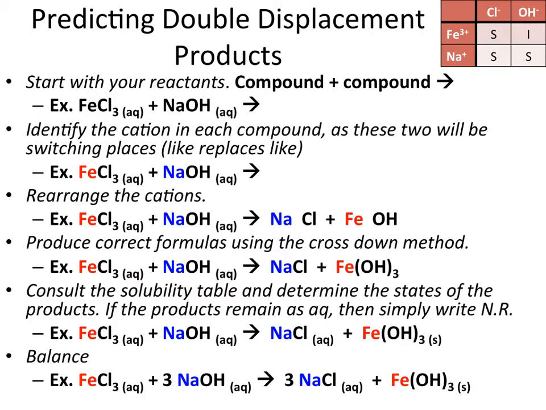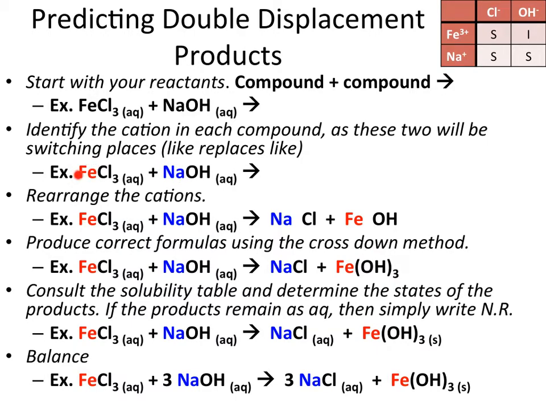So in this case I have my iron 3 chloride and my sodium hydroxide, both in their aqueous states. And the first thing I want to do is identify my cations that are going to switch. So here I have my iron and I have my sodium. Now, some people like to switch the anions, some people like to switch the cations. I just prefer switching the cations, so that's what I'm going to do here.